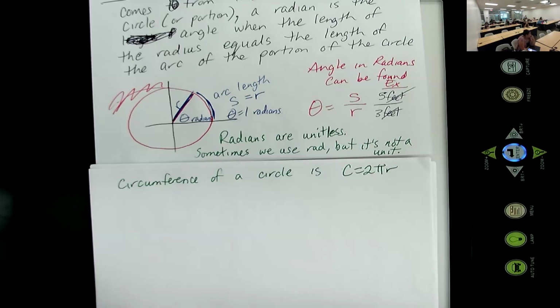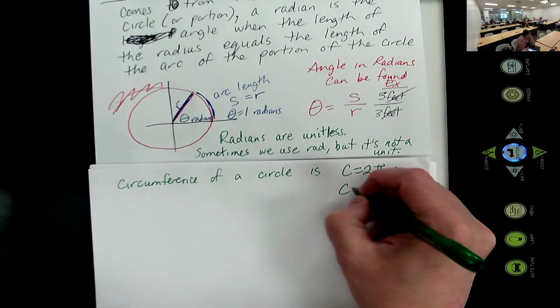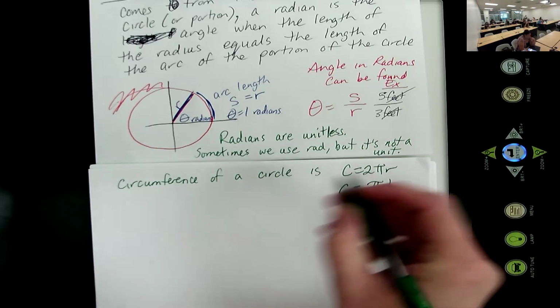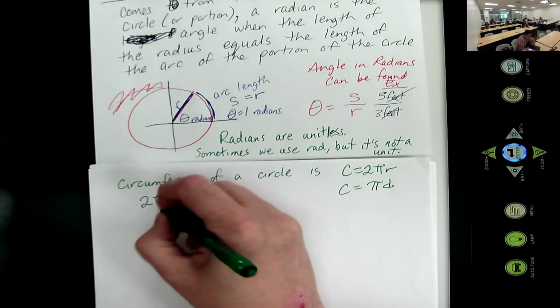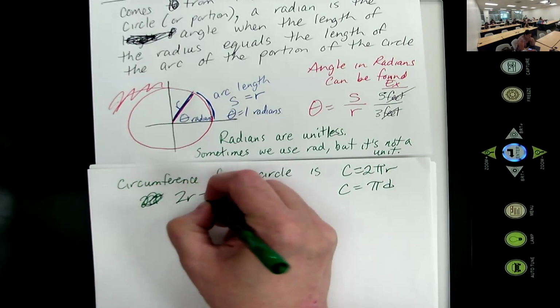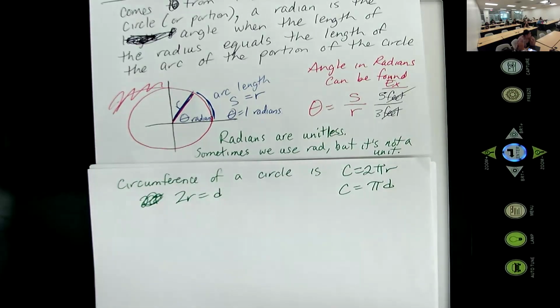Which was the one that was pi times diameter? That's actually the same thing, right? Because 2r equals d. The one that popped in my head right away, I wasn't sure, but 2 pi r is the one we're going to go with. If we look at theta equals s over r.